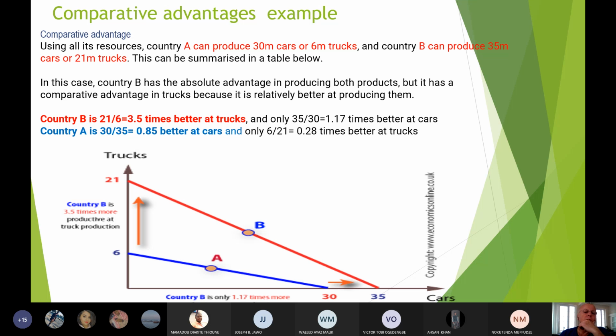And for country A, the cars production is becoming better off and should become specialized in this direction for becoming a trade partner, because we are taking the opportunity cost or relative cost advantages for both countries. And when we are considering this relative lower cost or relative preferences in the output or in the products, both countries become better off when you are making this opportunity cost advantages.